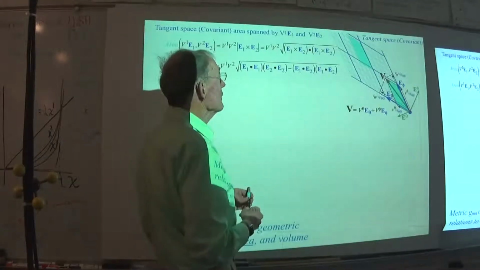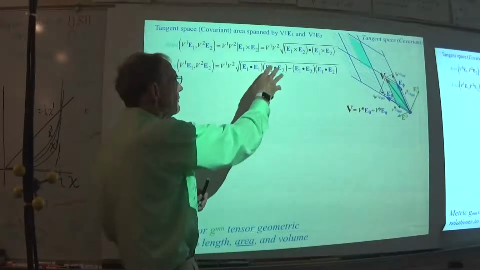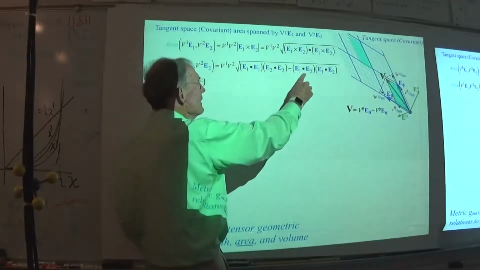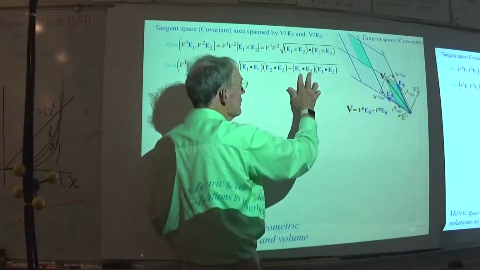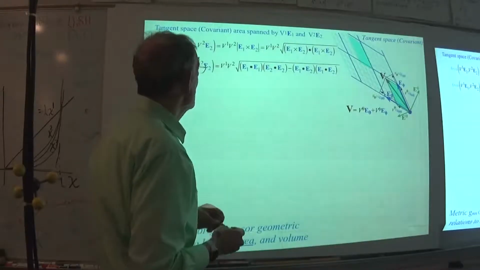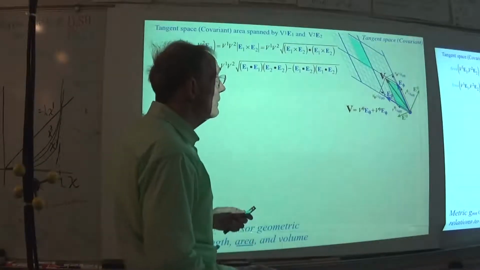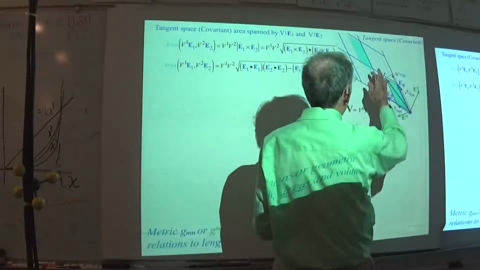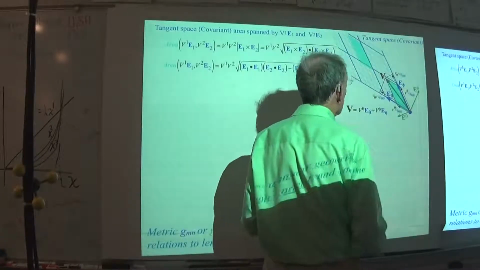This is a simple identity, and you should use complex numbers if you really want to prove it. It is E1·E1 times E2·E2 minus the square of the dot product of E1 and E2, and of course that's symmetric. And so that's the area that's enclosed, say the area of one of the cells here, that's what we're after.